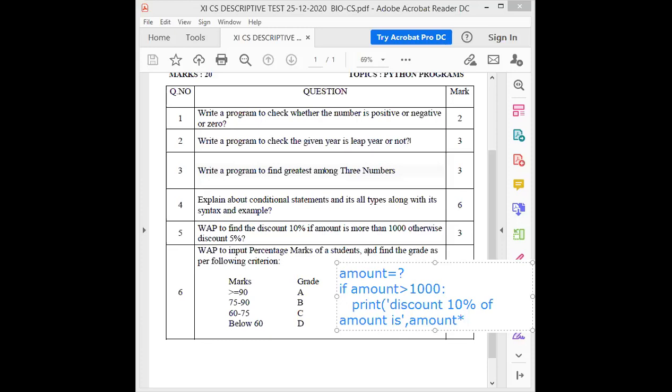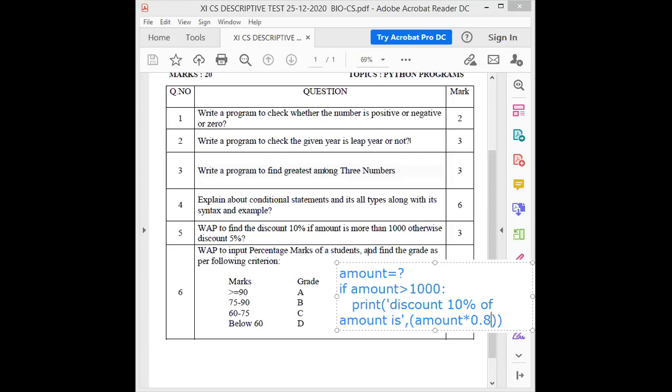Students, is that right or not? 10 percentage means amount into, if it is 2000, 2000 multiplied by 0.9. Sorry, 0.9 will give the correct answer for 10 percentage.